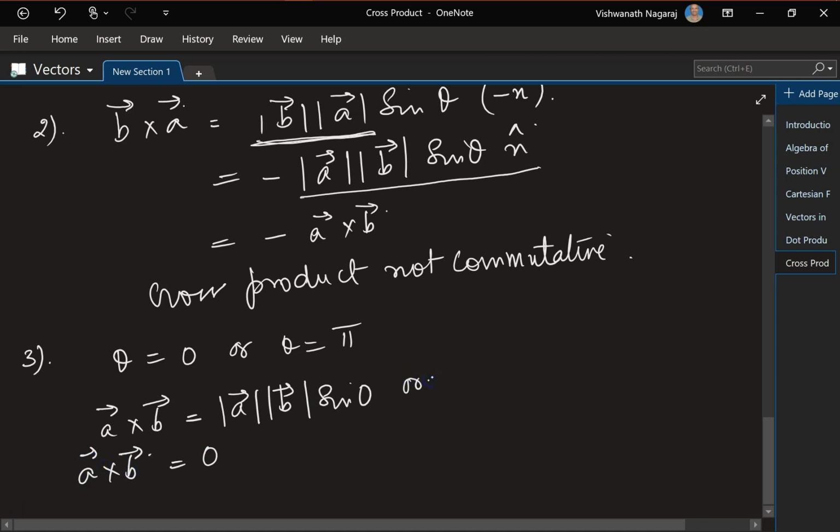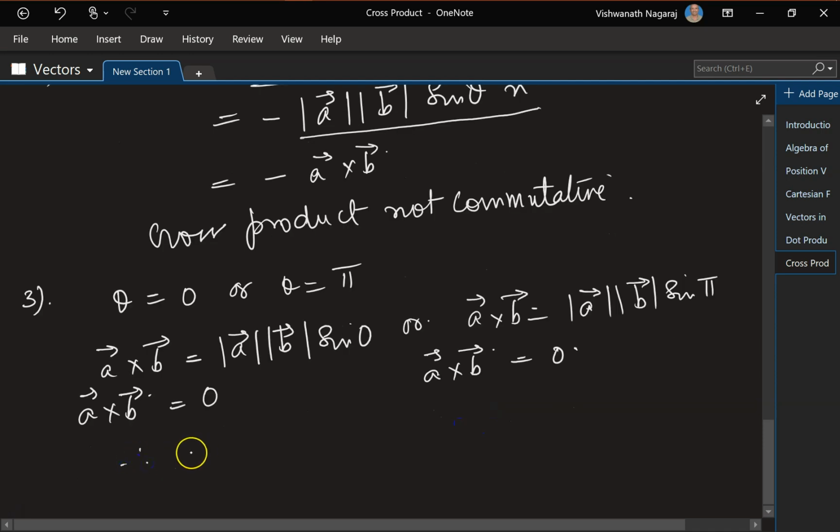Now, if it is pi, then A cross B will become equal to magnitude of A times magnitude of B, sine pi. Sine pi is again 0. So that means A cross B is 0. Therefore A cross B is equal to 0 if theta equals 0 or pi.